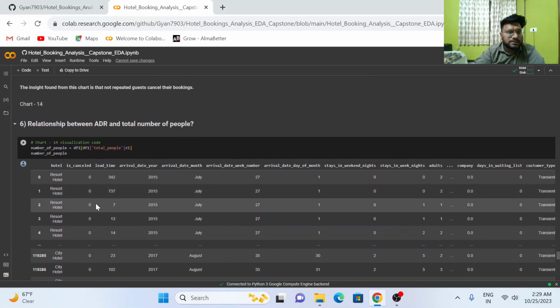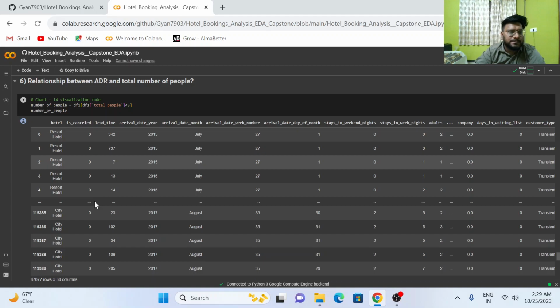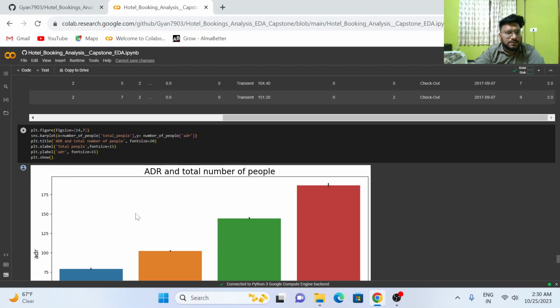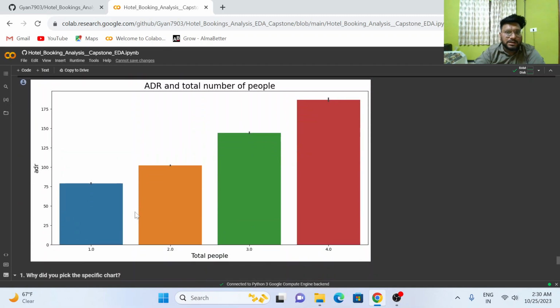So next one would be the relationship between the ADR and the total number of people. So we can clearly see over here the ADR for the more number of people was highest.